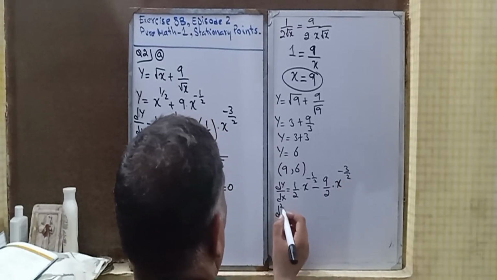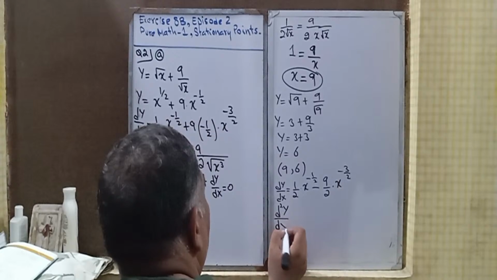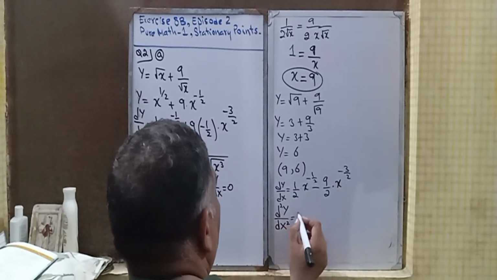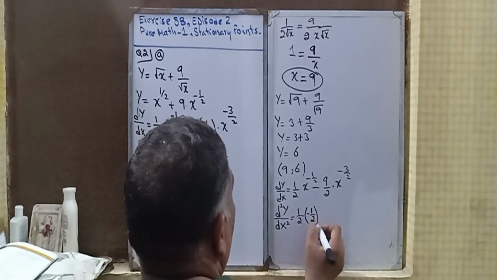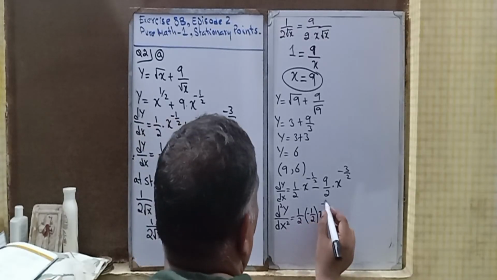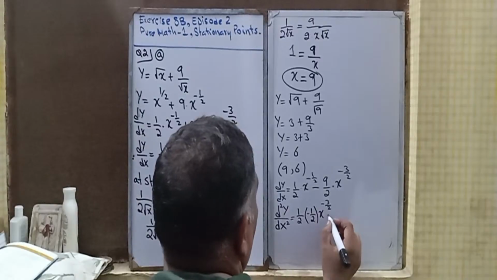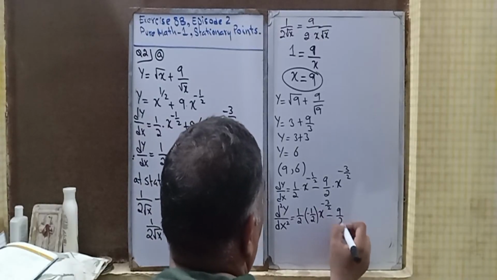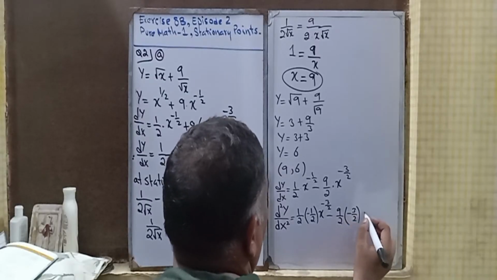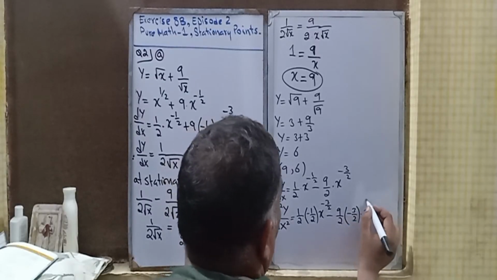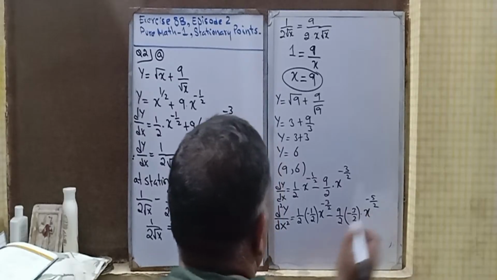So d square y by dx square will be equal to 1 by 2 into minus 1 by 2 into x raised to power minus 3 by 2, minus 9 by 2 into minus 3 by 2 into x raised to power minus 5 by 2.